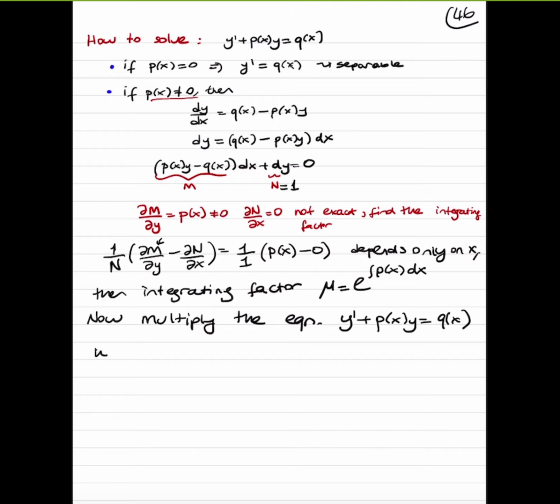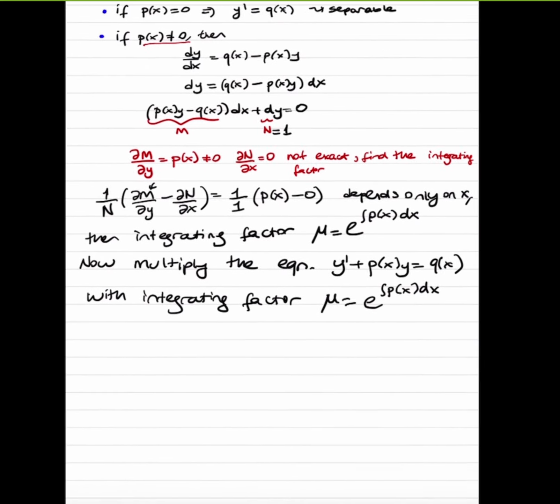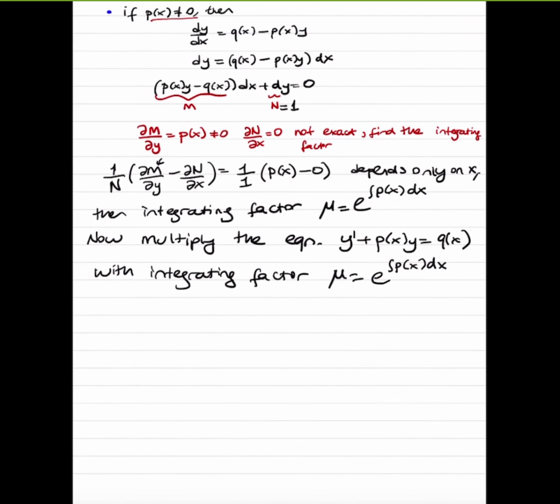Multiply the equation with the integrating factor mu, and we found it is e to the power integral of p of x dx. Okay, let's do that, and we will find something very nice.